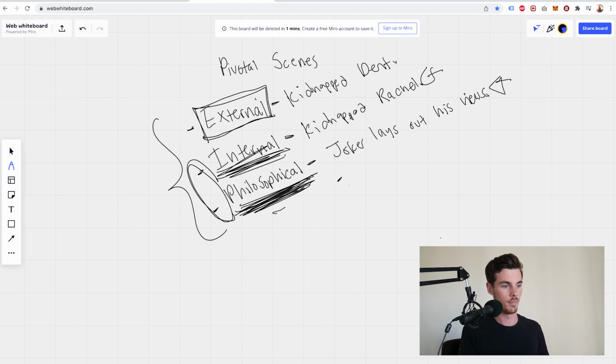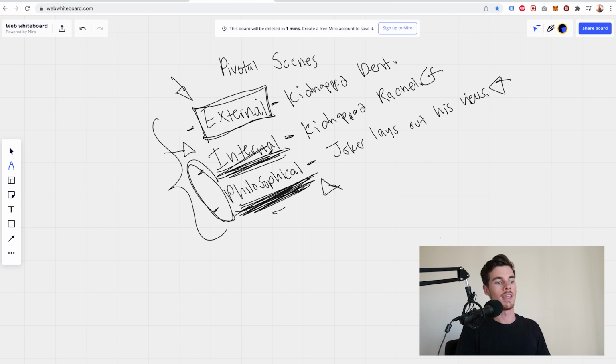So belief is this, and then what they want is going to be external. How do these interact? And then what are the internal conflicts as well? What are the character relationships, right? How do you press on the characters' relationships as well as their beliefs and as well as their goals?